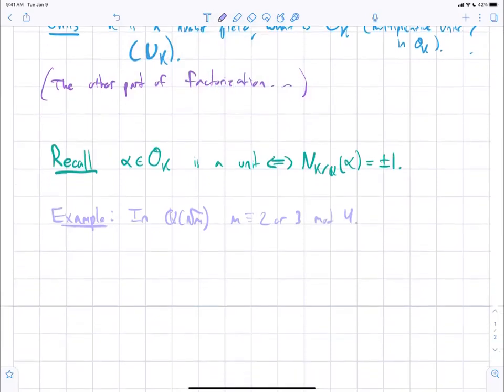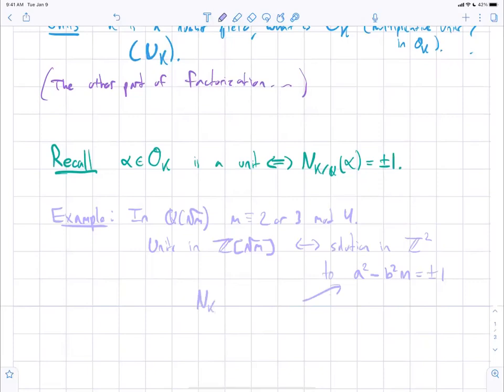Then the units in the ring of integers, which is just Z square root of m, because m is 2 or 3 mod 4, are the same as solutions in Z times Z to a squared minus b squared m equals plus or minus 1, because this is the norm of an element a plus b square root of m.